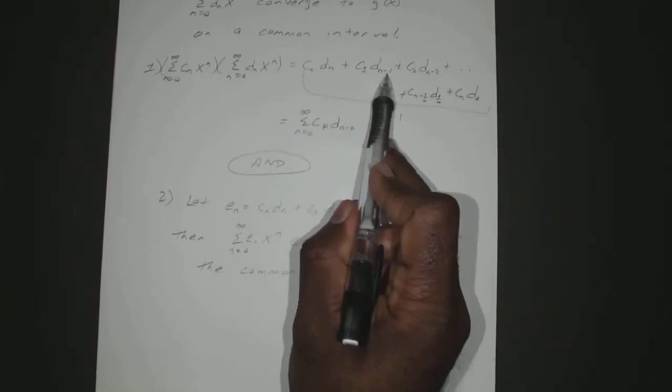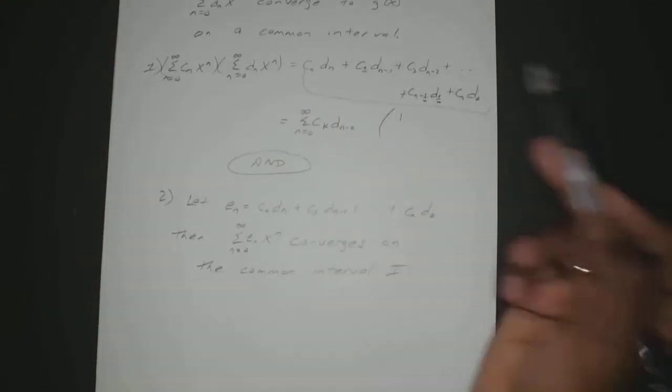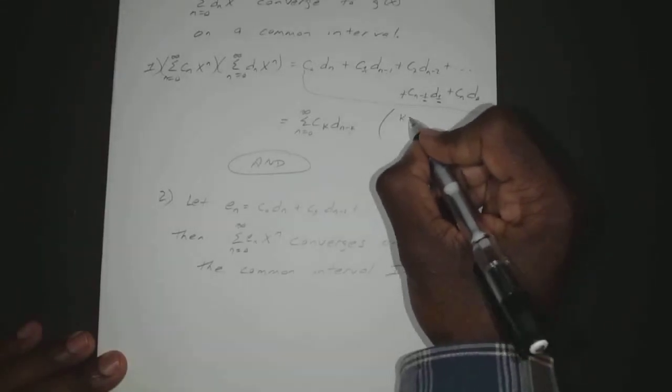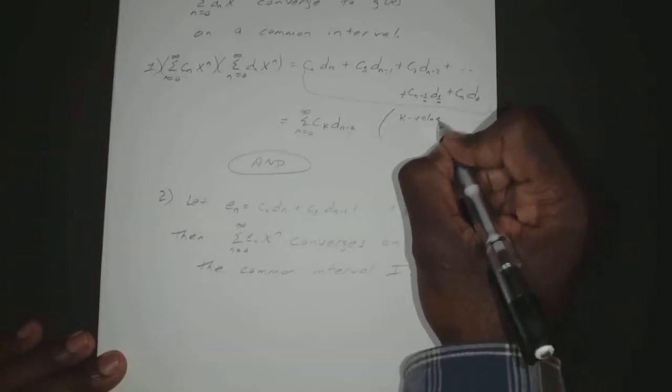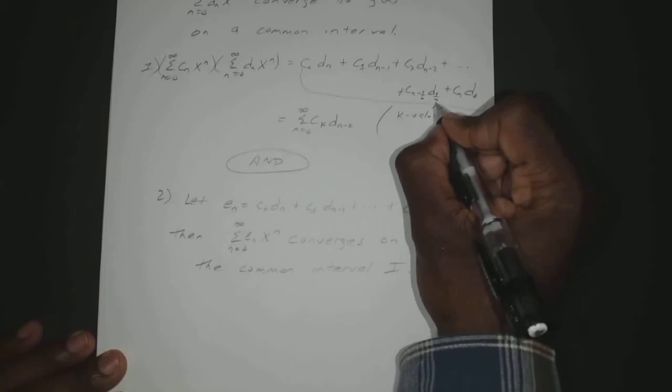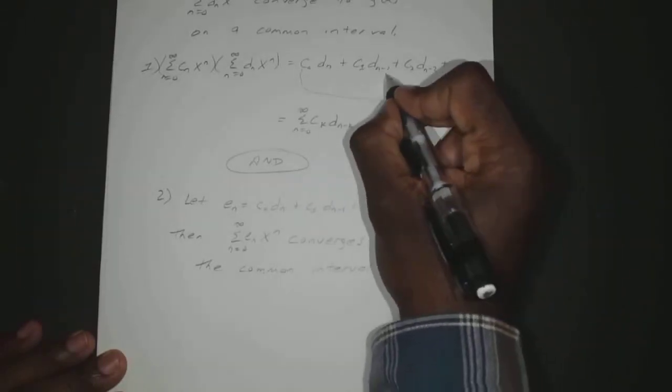If you have c sub 1, d sub n minus 1, c sub 2, d sub n minus 2, that's your k value. Just kind of give it a general definition.